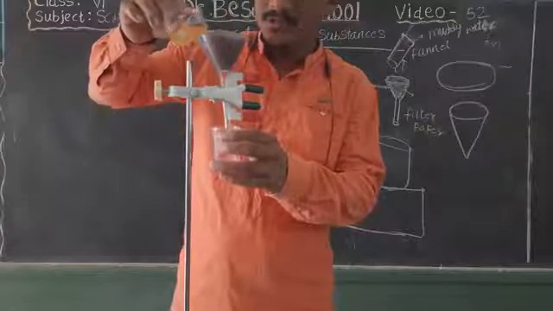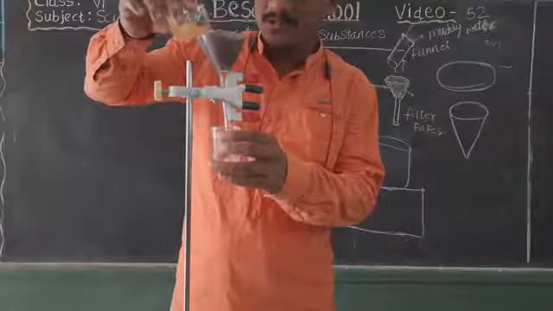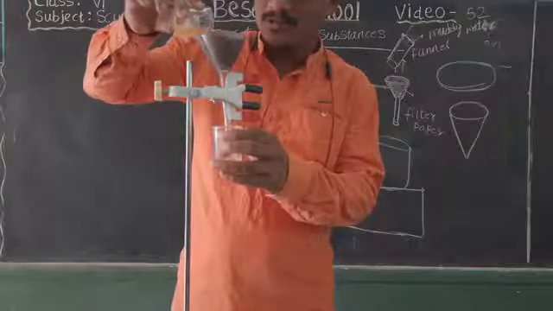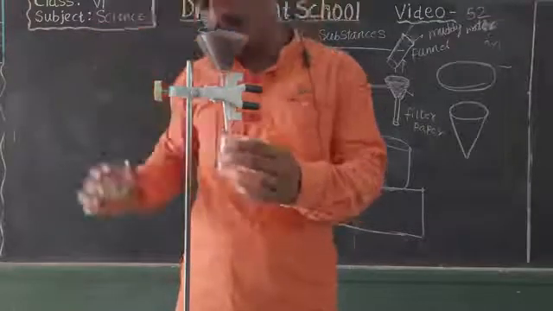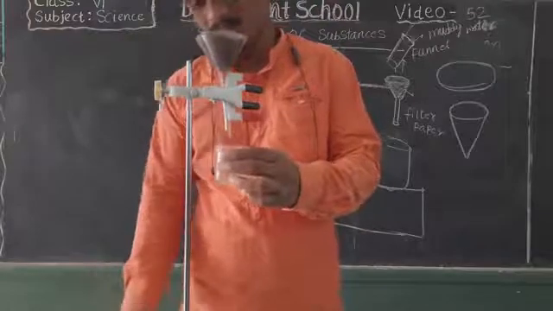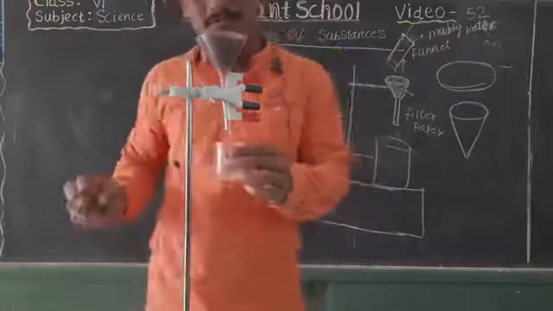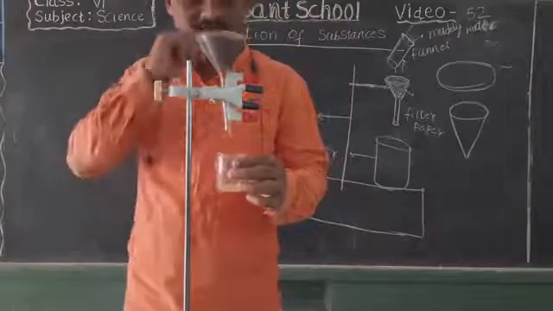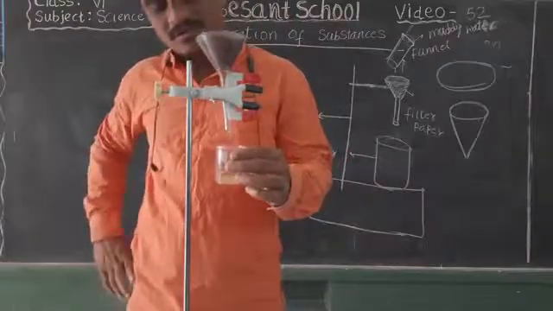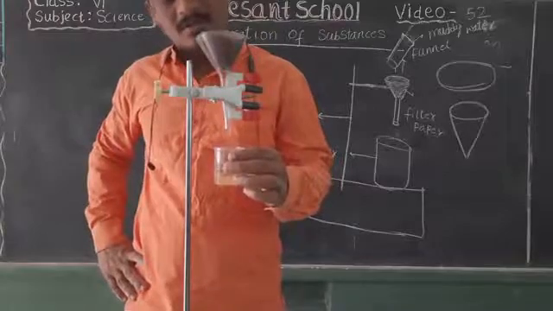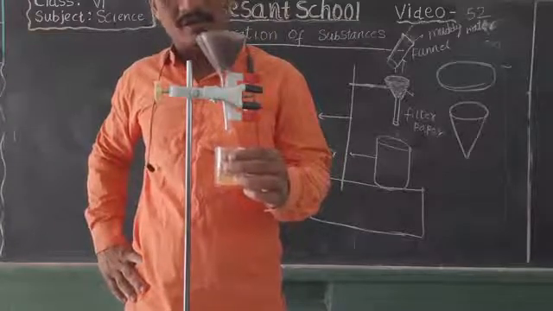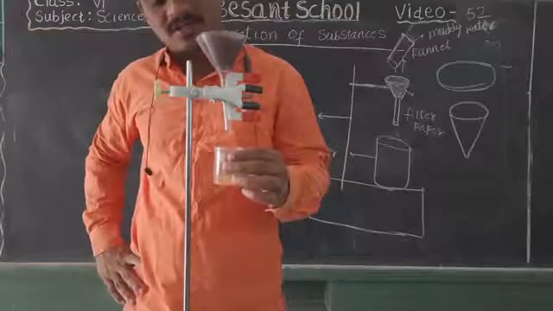Slowly, second step. If you repeat the filtration many times, you will still get clear water. Okay, by changing the filter paper, if you take a new filter paper, still you will get clear water.